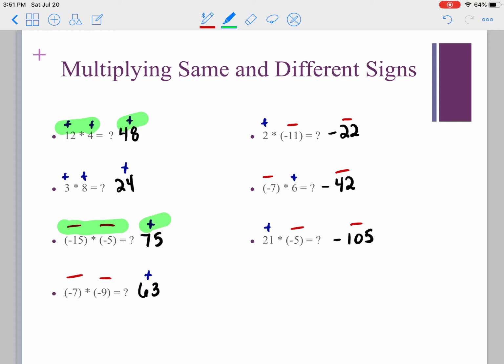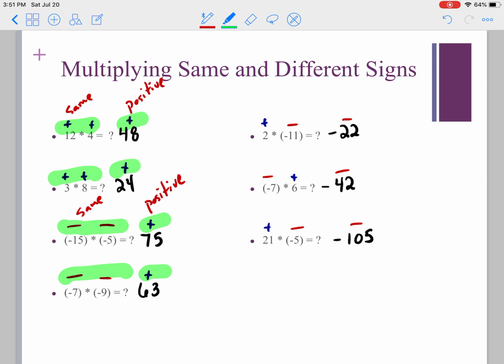So when you multiply, if these two signs are the same, you end up with a positive result. Let's see if that holds for all of them. Well, these two are the same, and we ended up with a positive. These two are the same, and we ended up with a positive.